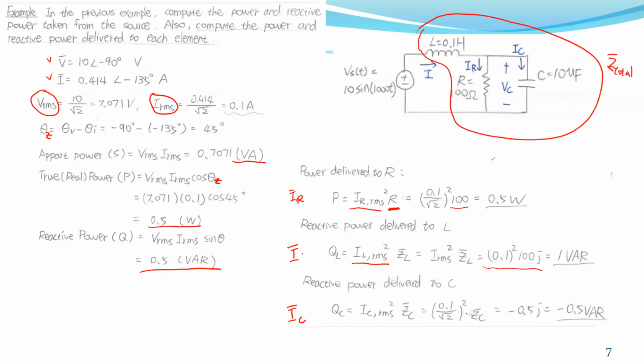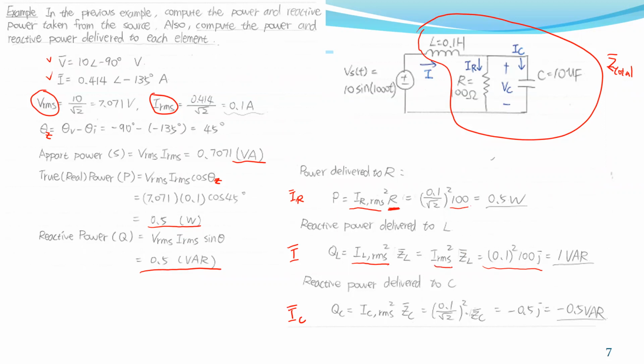The reactive power delivered to the capacitor is just IC RMS squared times ZC, so this is minus 0.5 VAR. You can notice that the calculation of power, even for impedance, uses the same formula as before, V squared divided by R, the same as for resistors, but right now we use RMS values.